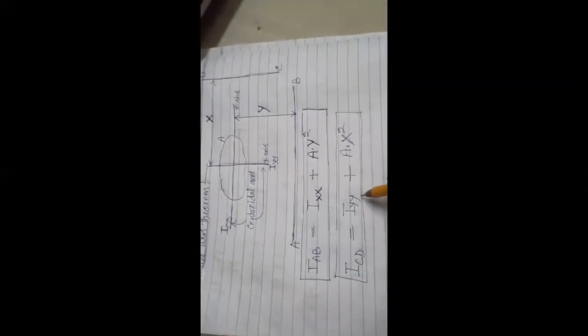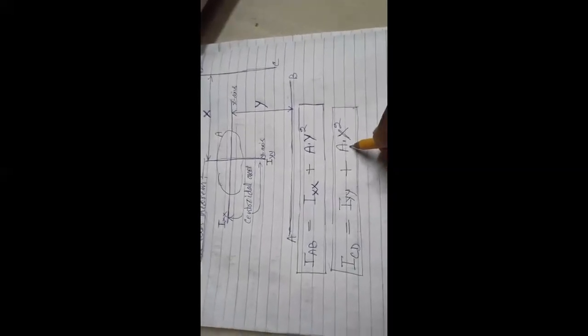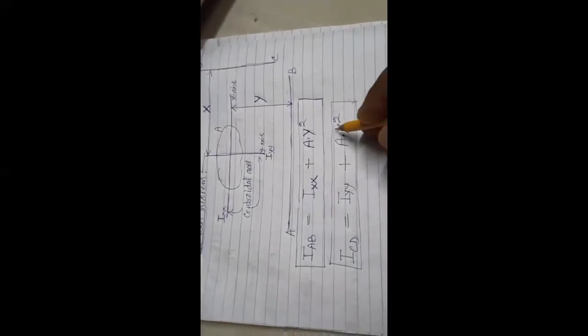Similarly, the second parallel line is CD to the y-axis, and the distance between these two parallel lines is capital X. So now the moment of inertia about this CD line can be written as ICD is equal to Iyy plus A into square of the distance between these two parallel lines.